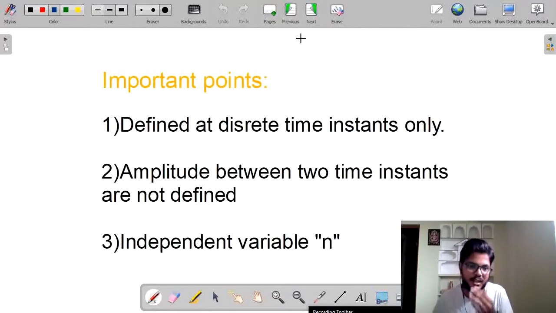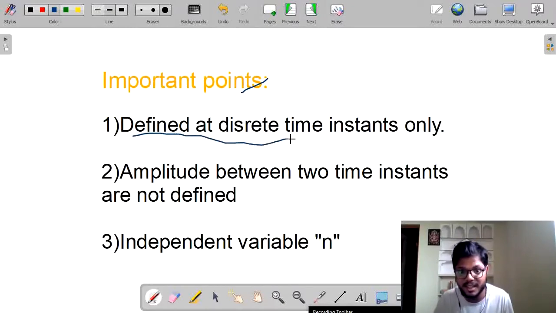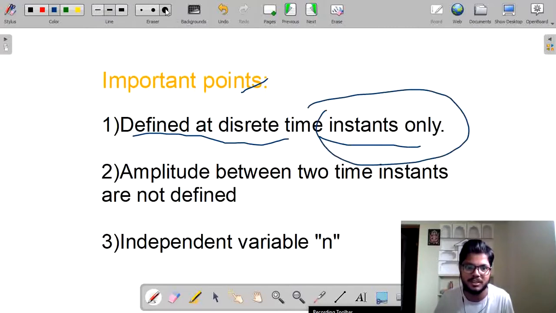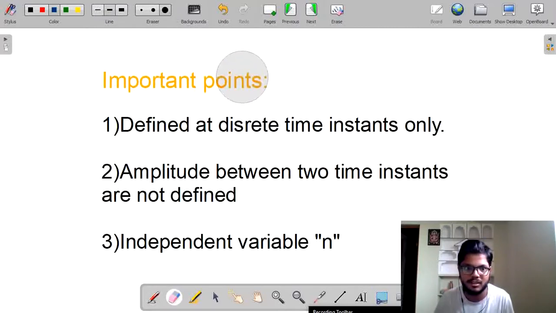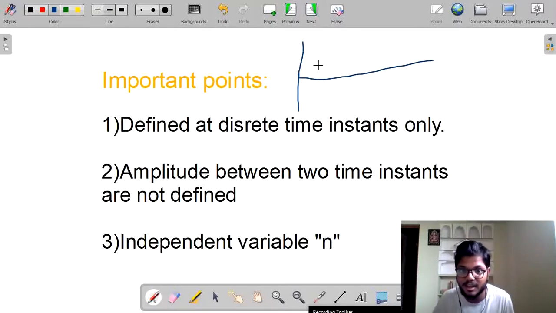We need to notice some important points: discrete time signals are defined at particular time instances only. We have discrete time signals like this. Suppose assume this is a discrete time signal x of n.